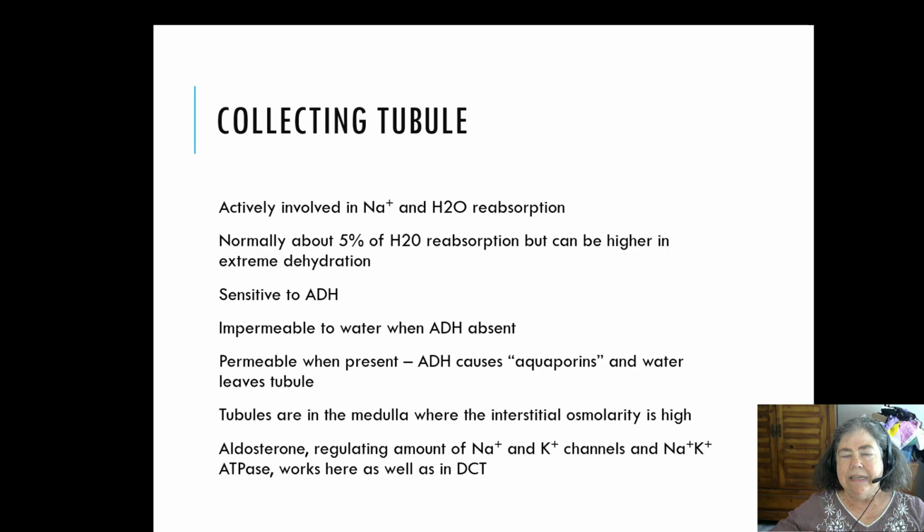In addition, aldosterone works here as well as in the distal convoluted tubule, and aldosterone regulates the number of potassium and sodium channels as well as the potassium-sodium ATPase, and therefore its presence affects the reabsorption of sodium.